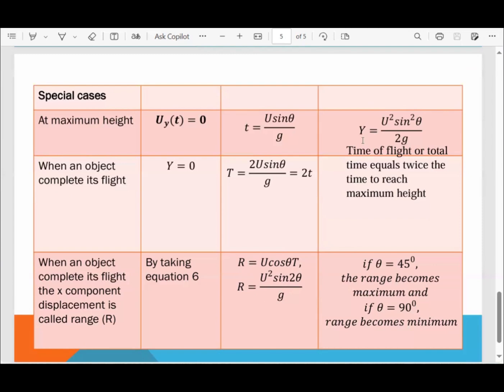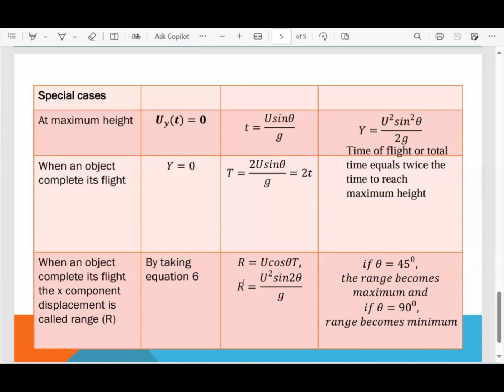From these special case equations, what do we understand? The time to reach maximum height is dependent on the initial speed and the sine of theta. The maximum vertical displacement depends on the square of the initial speed and the square of sine of theta. Time of flight is exactly equal to twice the time to reach maximum height.